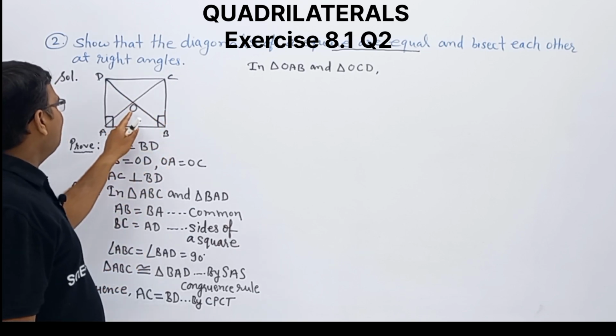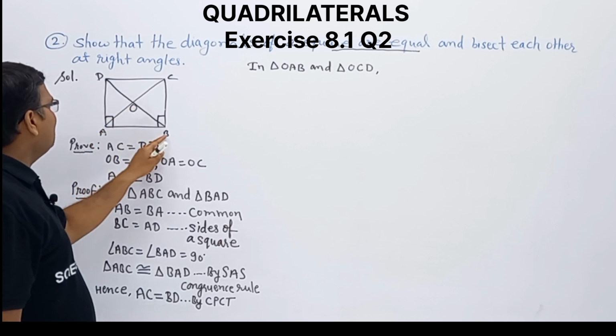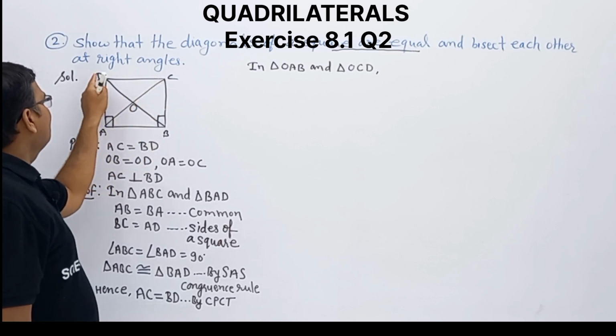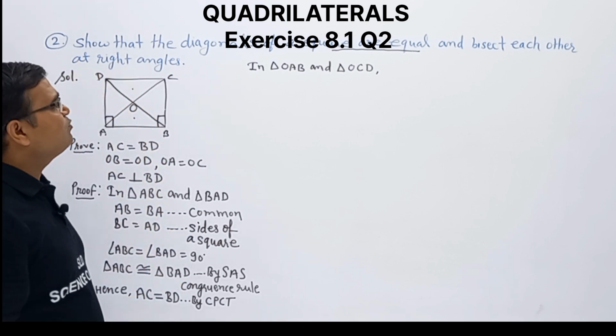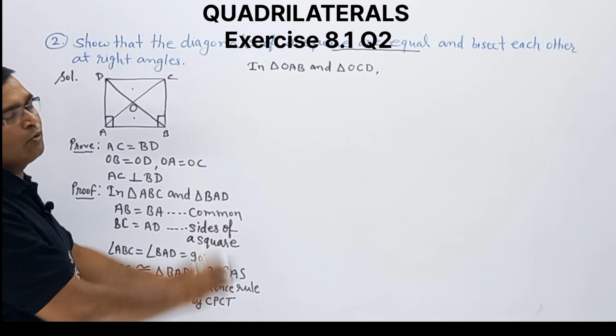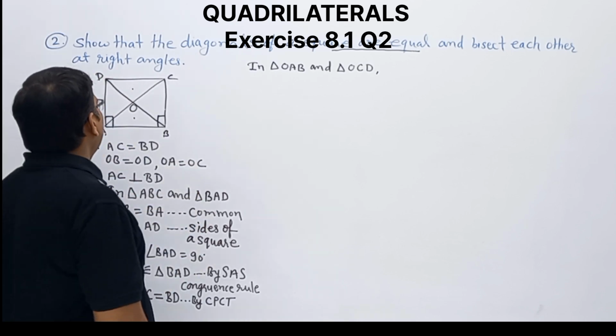So we are considering two triangles. One triangle is OAB and another one is OCD. In these two triangles we want to show whether they are congruent or not. So what things are common? Observe carefully.